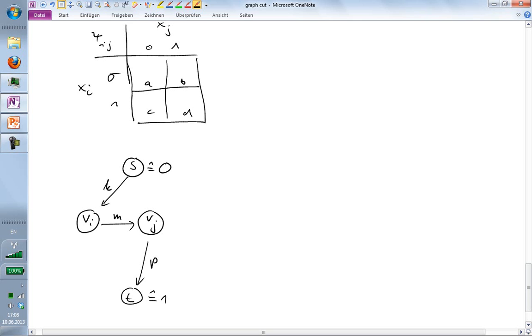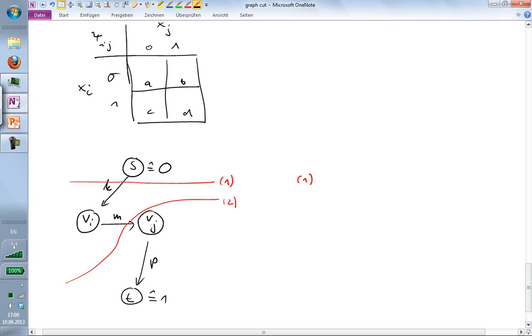Now I can have 4 different cuts that will give me 4 different conditions. So let's say this is cut number 1. This would be cut number 2. I can already give these conditions.